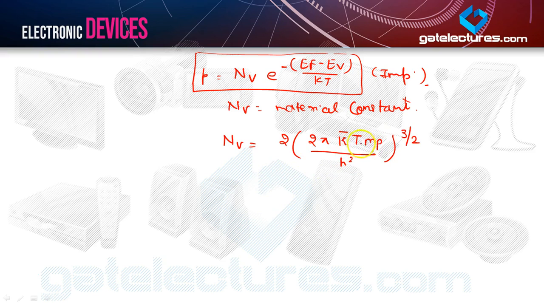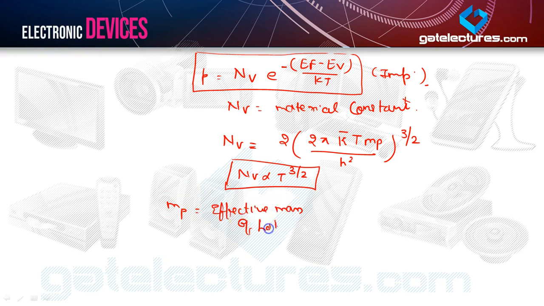Again, mp is the effective mass of a hole. A hole basically has a positive mass. It just represents the absence of an electron, with a charge opposite to that of an electron. So Nv also depends on temperature. mp is the effective mass of the hole, which is again material dependent.